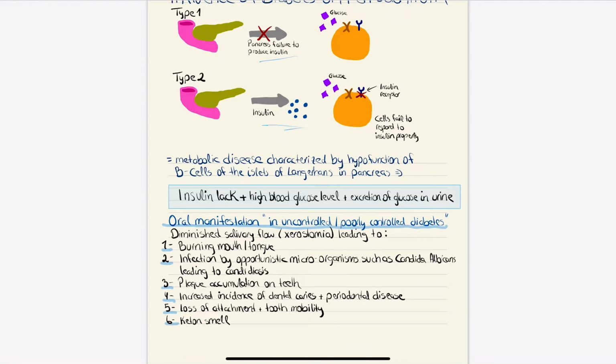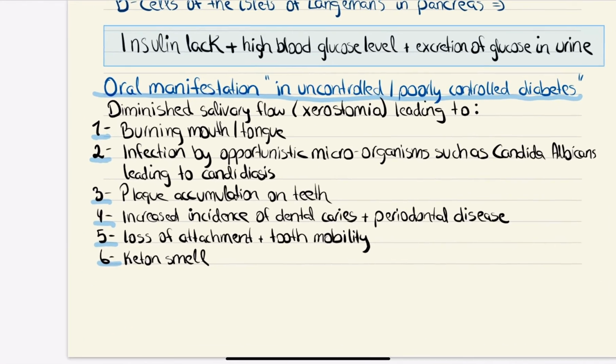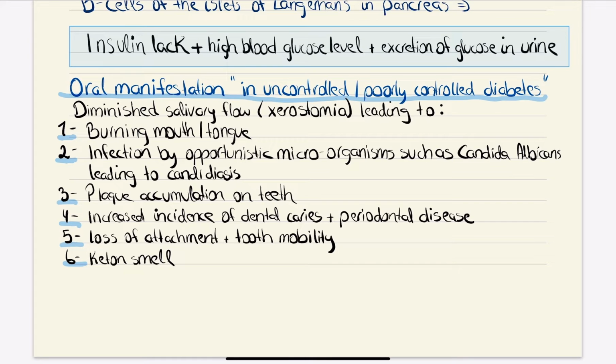The oral manifestations in uncontrolled, poorly controlled diabetes are, first, diminished salivary flow, also called xerostomia, which leads to burning mouth or tongue, and infection by opportunistic microorganisms such as Candida albicans, leading to candidiasis. We have plaque accumulation on teeth, increased incidence of dental caries plus periodontal disease, loss of attachment and tooth mobility, and ketone smell.